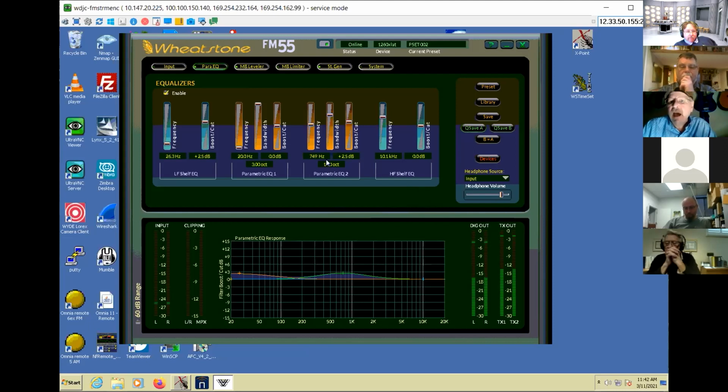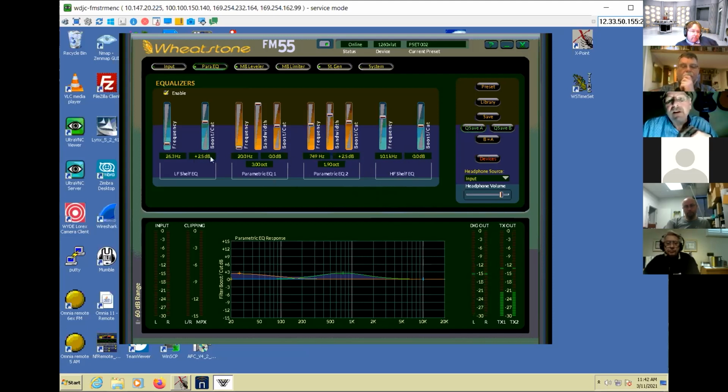In that case, I wouldn't do it at 750 hertz, but I might roll the highs back a little bit, and I would add a little bit at, say, around 6 or 7.5 kilohertz to compensate. You'd be surprised, just a dB or two here and there will make a big difference. For the most part, though, you need to stay away from the parametric EQ, except for very small adjustments.